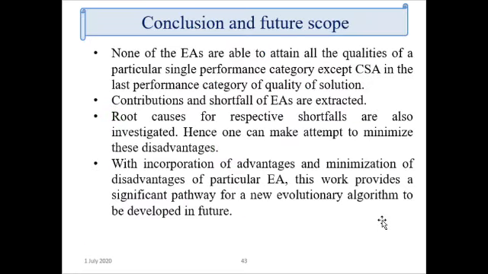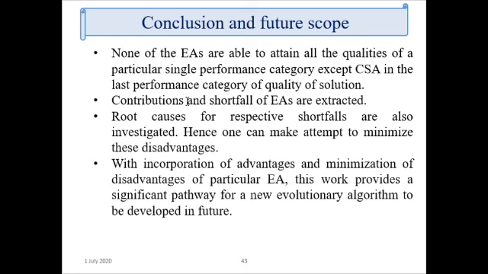The conclusion and future scope: none of the algorithms is able to attain all the qualities of a particular single performance category, except the CSA in the last performance category of quality of solution. Now the contributions and shortfalls of all the EAs are extracted in this work. The contributions are a very good thing that we can implement when we want to develop a new algorithm.